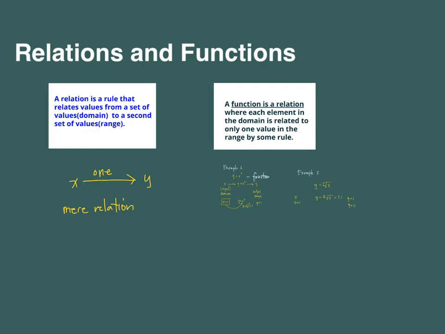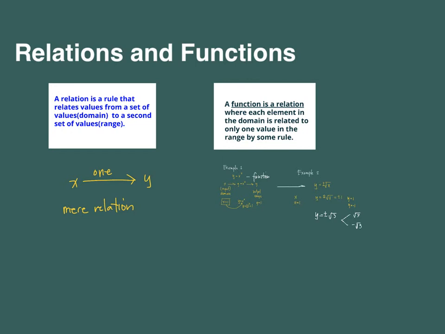In the second example, y is equal to positive or negative square root of x. As we input values of x, say this time x equals 3, then y is equal to positive or negative square root of 3. And that means a positive square root of 3 and a negative square root of 3.